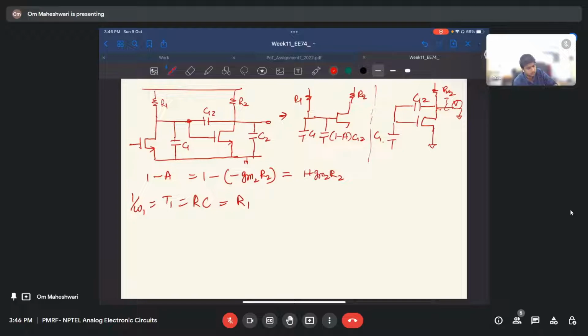So T1 is R1 into C1 plus 1 minus A times C12, that is R1 times C1 plus 1 plus GM2 R2 times C12. This is T1. So we have done the first step.